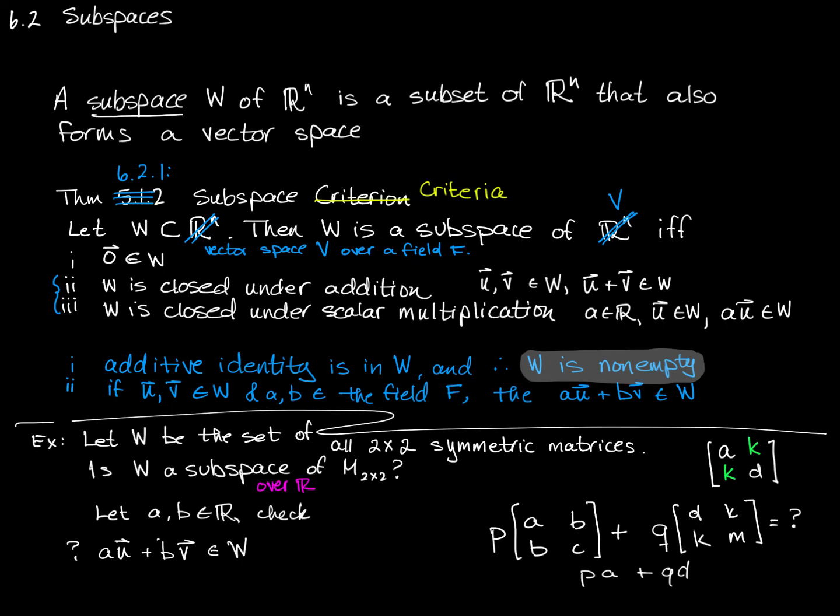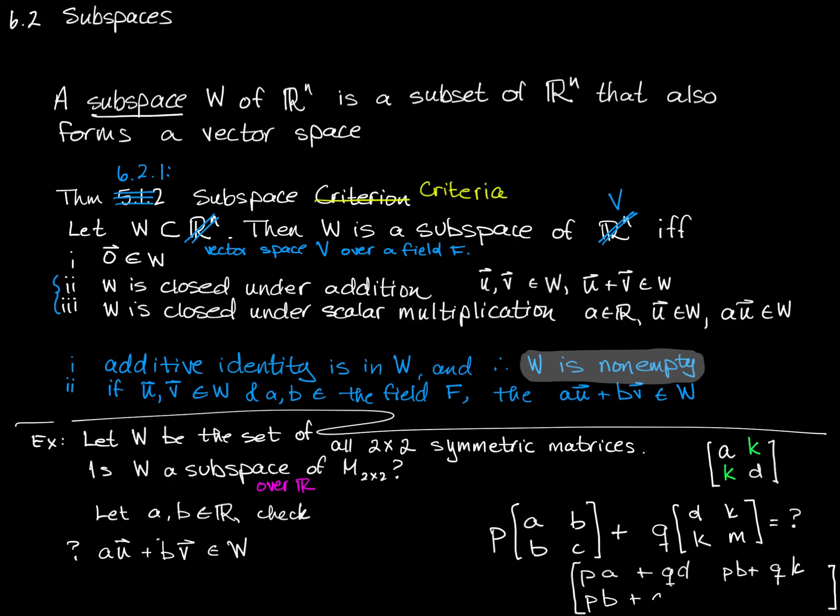So I'm going to have a matrix that looks like this, where my first entry is PA plus QD. My second entry is going to be PB plus QK. My third entry is also going to be PB plus QK.